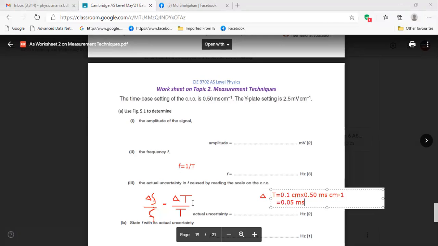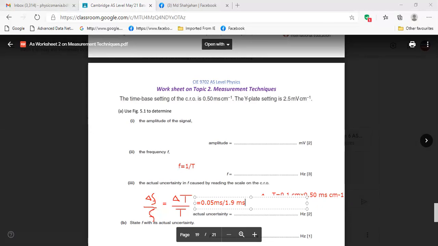Then we can put this value here. For del T it is 0.05 millisecond, and for T we got previously 1.9 millisecond, right? Yes, sir.